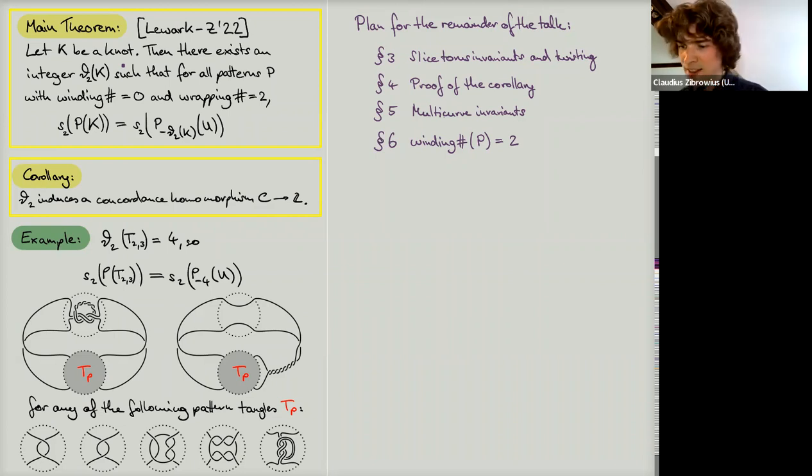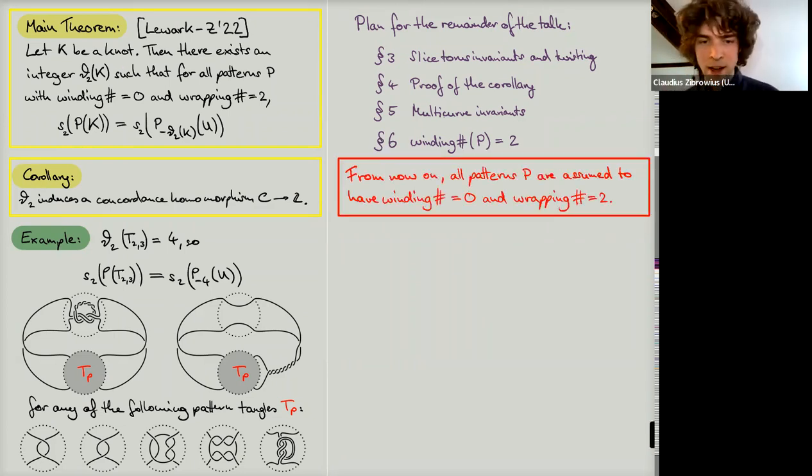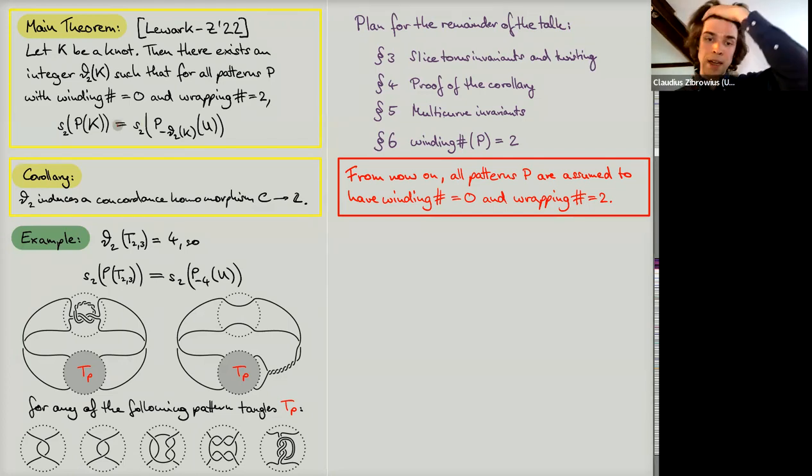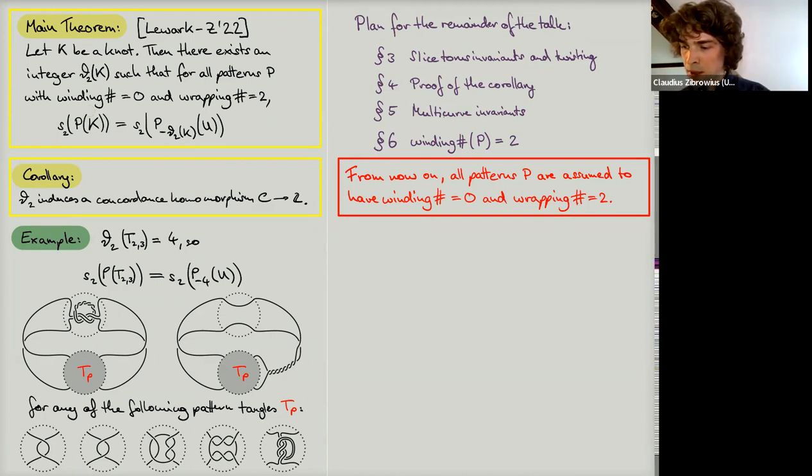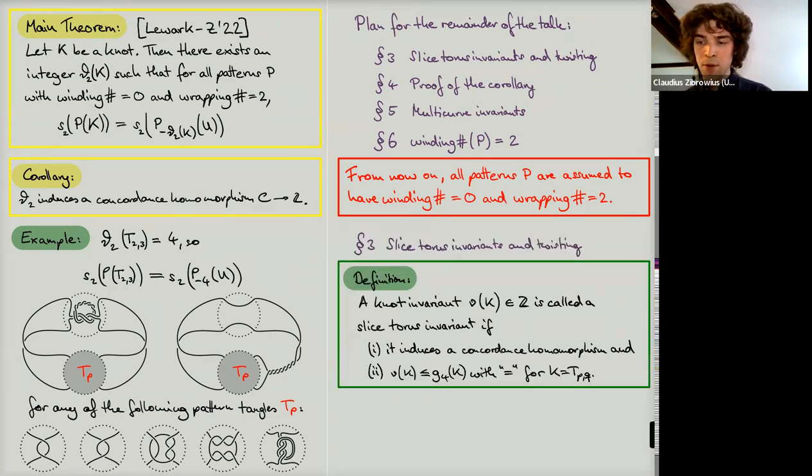Okay, let's proceed. From now on, all patterns will have winding number 0 and wrapping number 2, precisely as in the case of this example here. The effect of twisting on the Rasmussen invariant is actually a general phenomenon that can be understood for any sliced torus invariant.